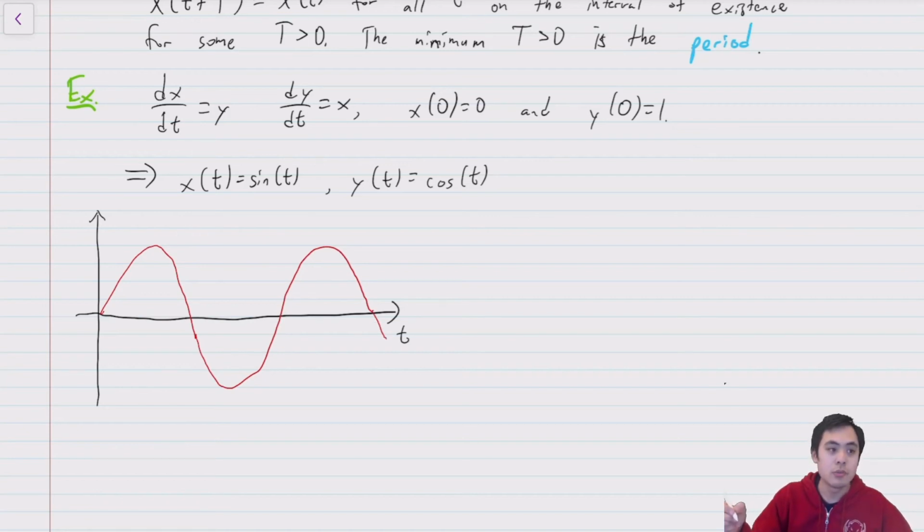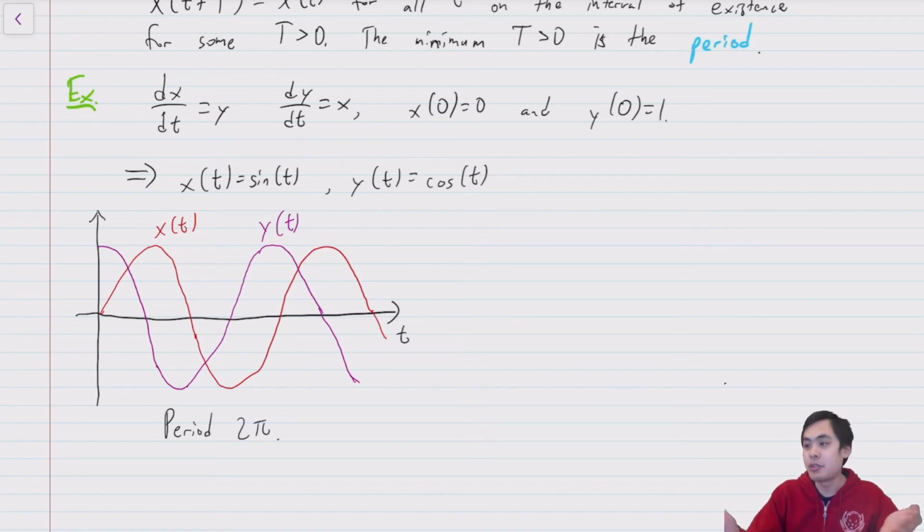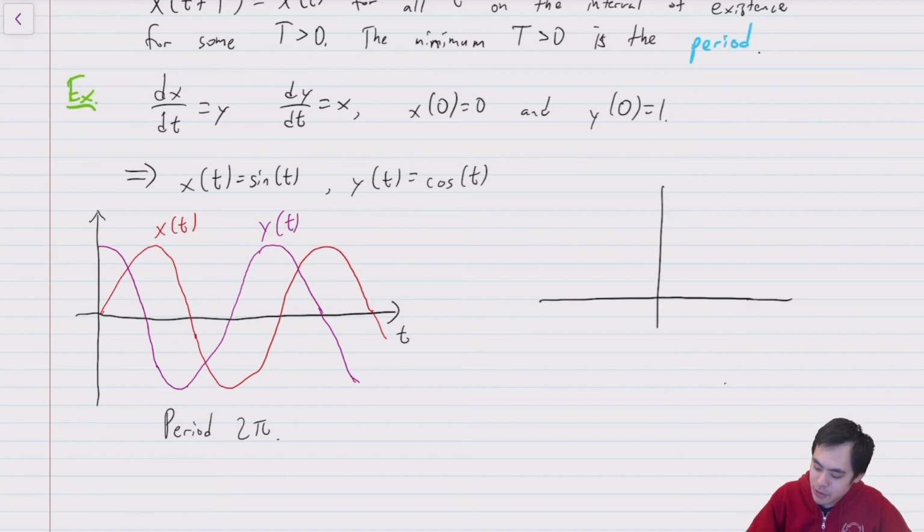This is x of t, since it's just a sine wave, and y of t is a cosine, so it's this. What you'll notice is that these are sine and cosine, and so you have a period of 2 pi. After a period of 2 pi, it repeats itself, which is sort of the point of sine and cosine.